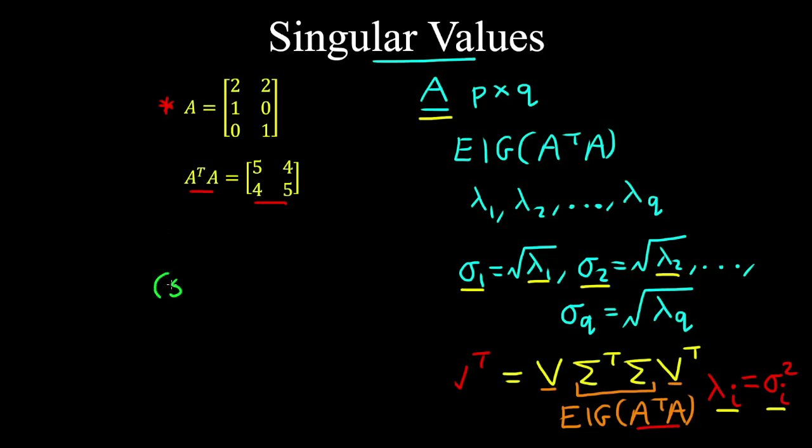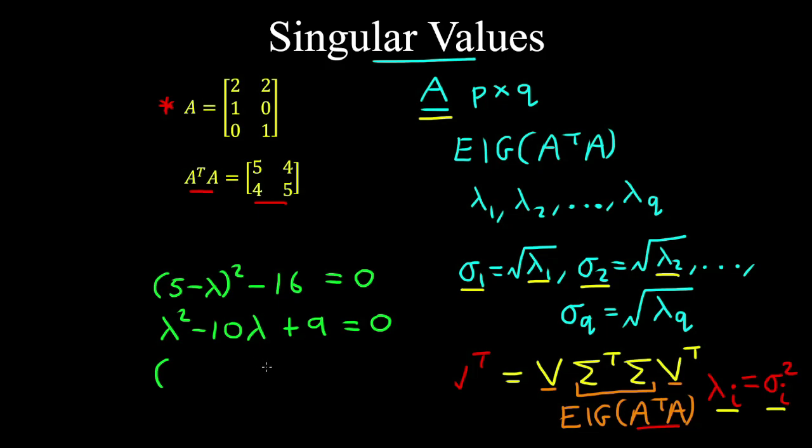So we have (5 minus lambda) squared minus 4 by 4 is equal to 0. And therefore lambda squared minus 10 lambda plus 25 minus 16 is plus 9 is equal to 0. So therefore we can factorize this polynomial as (lambda minus 9) by (lambda minus 1).